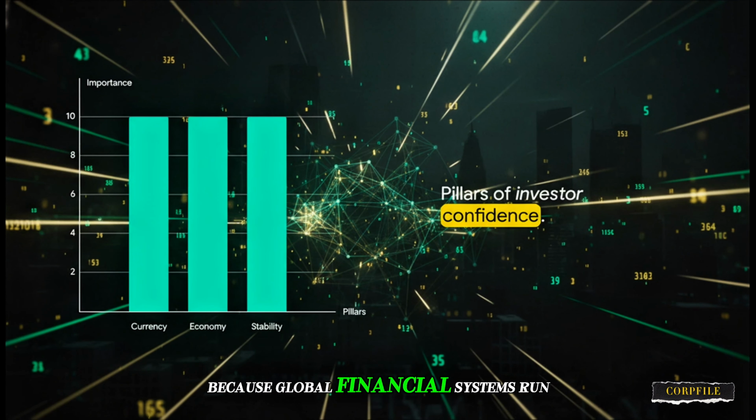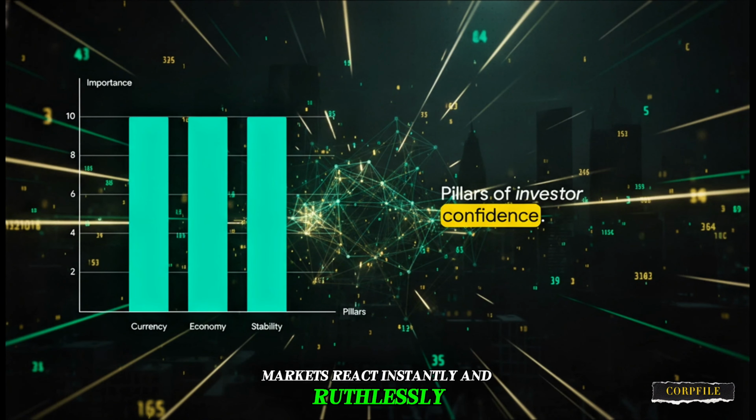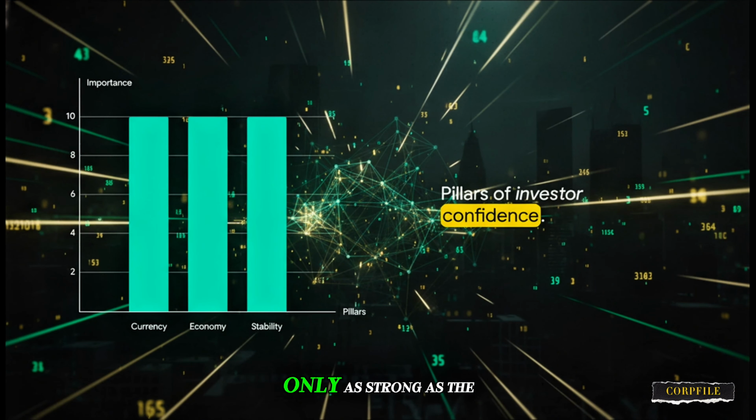Because global financial systems run entirely on exactly one thing: investor confidence. The pillars holding up this massive structure are currency strength, economic health, and system stability. But the second global investors lose faith in any one of those three pillars, markets react, instantly and ruthlessly. The entire system is literally only as strong as the psychological belief holding it up.